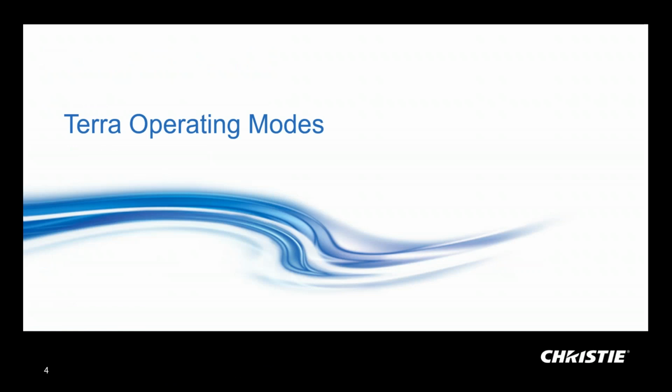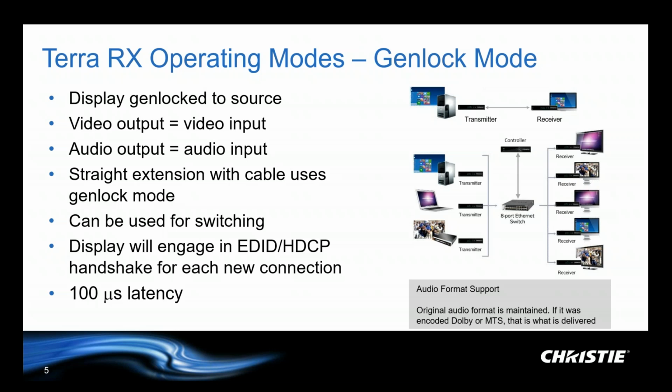So Terra operating modes. First of all, I'm going to talk about the receivers. An RX is a receiver. So anytime you hear me mention an RX, I'm talking about a Terra receiver. The first one I'm going to talk about today is Genlock mode. What that does is actually lock the display to the source.